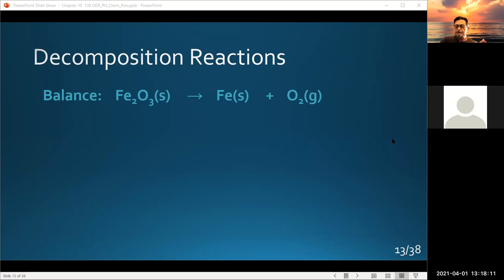Decomposition reaction. We have this compound here, Fe2O3. And that would be iron, Roman numeral 3, oxide.